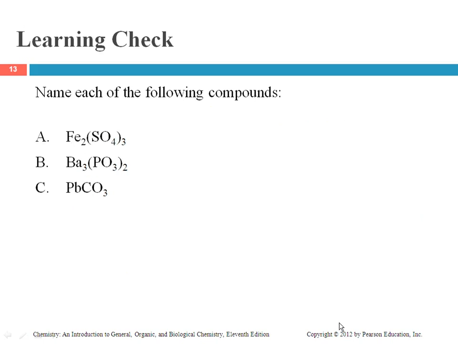And now we're going to do a few with transition metals, where we must include the Roman numeral that is equal to the ionic charge. So for our A here, if we're naming this, we would have iron. We would look on our periodic table.